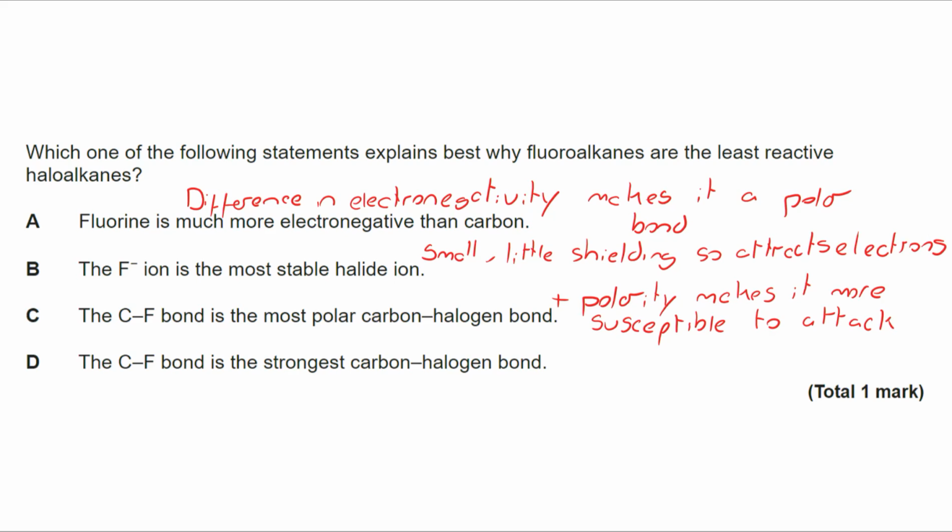So that takes us to the correct answer, D. The CF bond is the strongest carbon-halogen bond, and again we can consider why that's the case. The fluorine is small, so there is very little shielding, so you are going to get that very strong attraction from the fluorine nucleus to the covalent bond, more so than you will with chlorine, bromine and iodine. Correct answer, D. Next question.